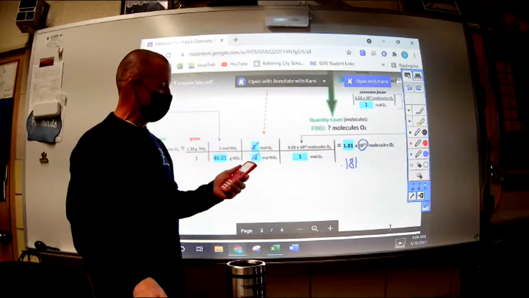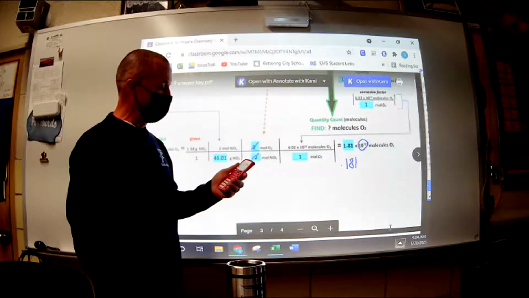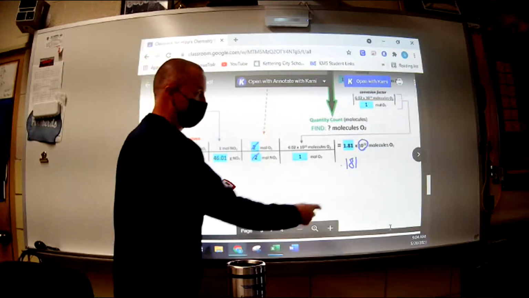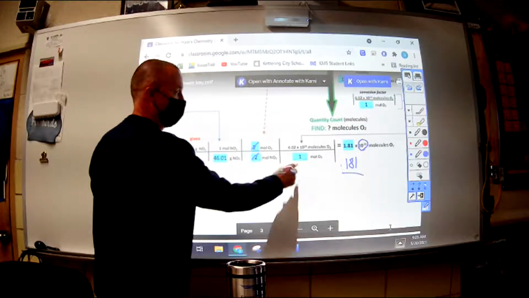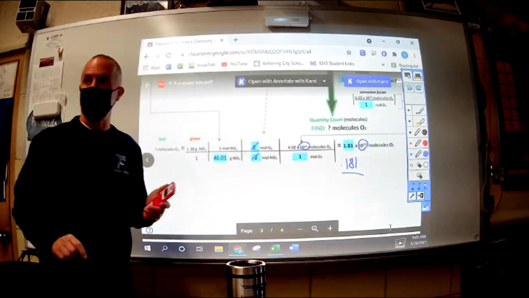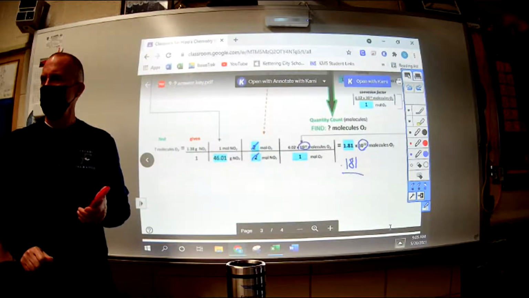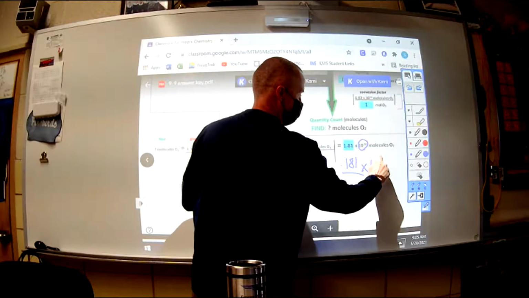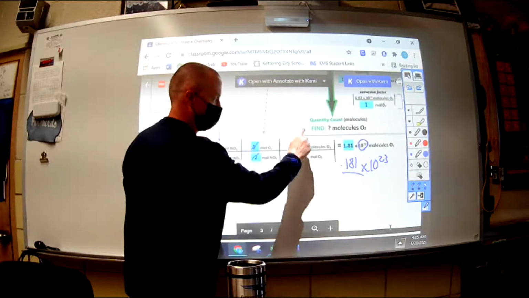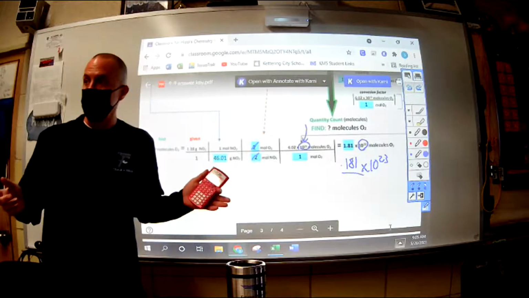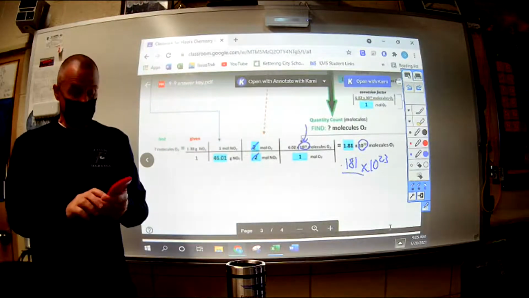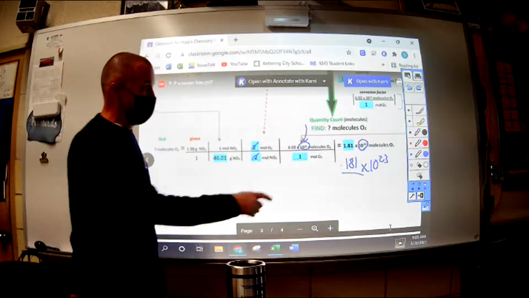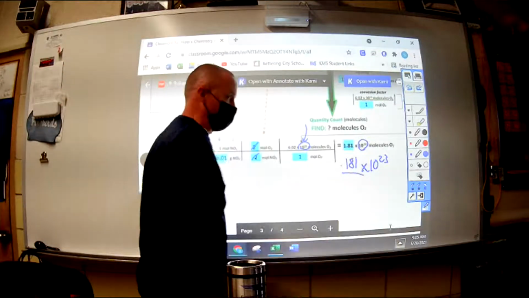I got 0.1805, which I round to 0.181, but I did not punch in the 10 to the 23rd. So I have 0.181 times 10 to the 23rd. You might not have done the 10 to the 23rd there. We have 10 to the 23rd there. You see that now, yes? So I have 0.181 times 10 to the 23rd.